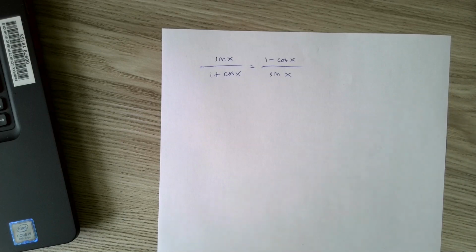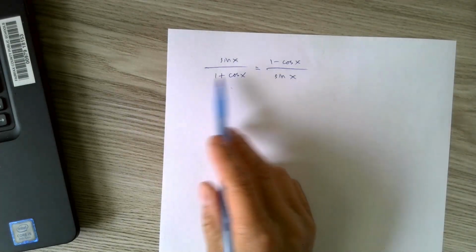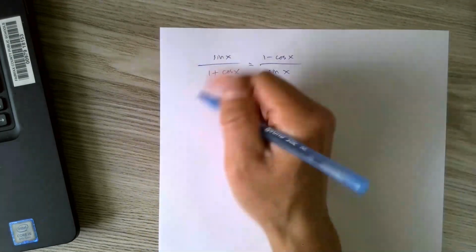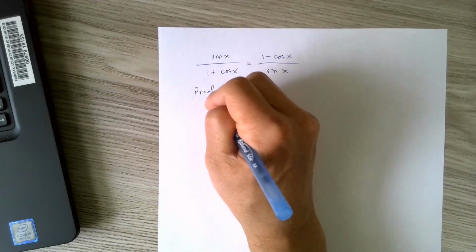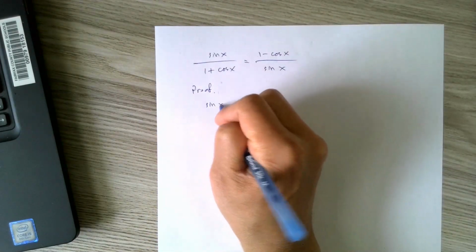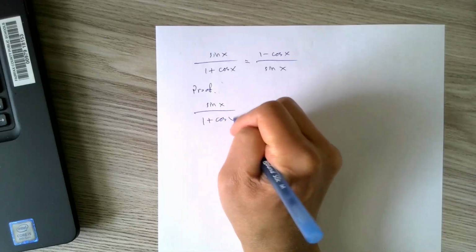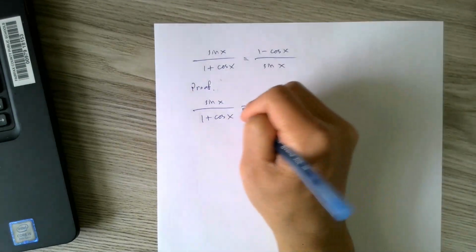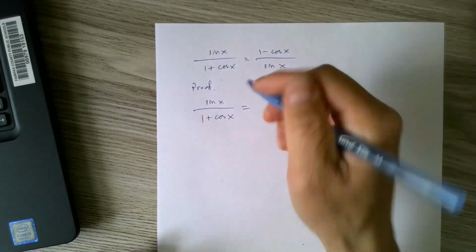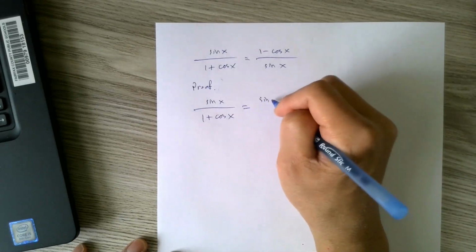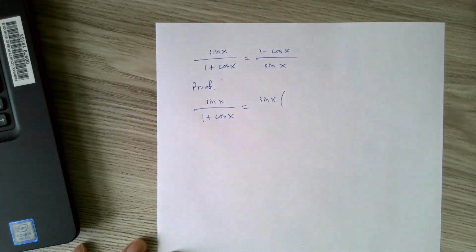So I'm going to pick the left side to work on because the denominator has two terms in it. So what I'm going to do is multiply the top and the bottom by something convenient that leads me in the direction of one of those Pythagorean identities.